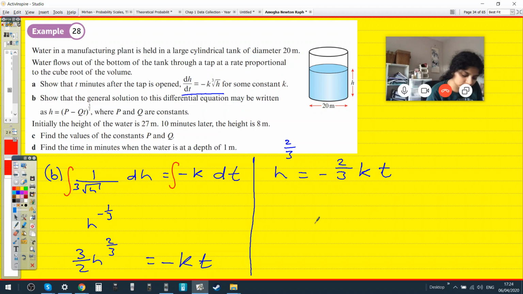Cube root both sides. Sorry, square root both sides. No, it would be cube root. It's already cube root. We want the opposite. So you cube both sides. So you'd have h squared is equal to minus 2/3 kt cubed.